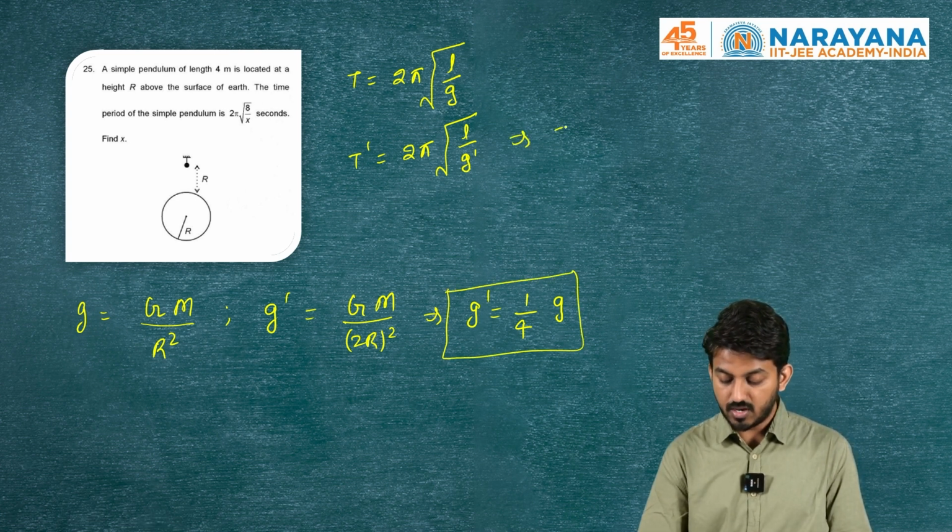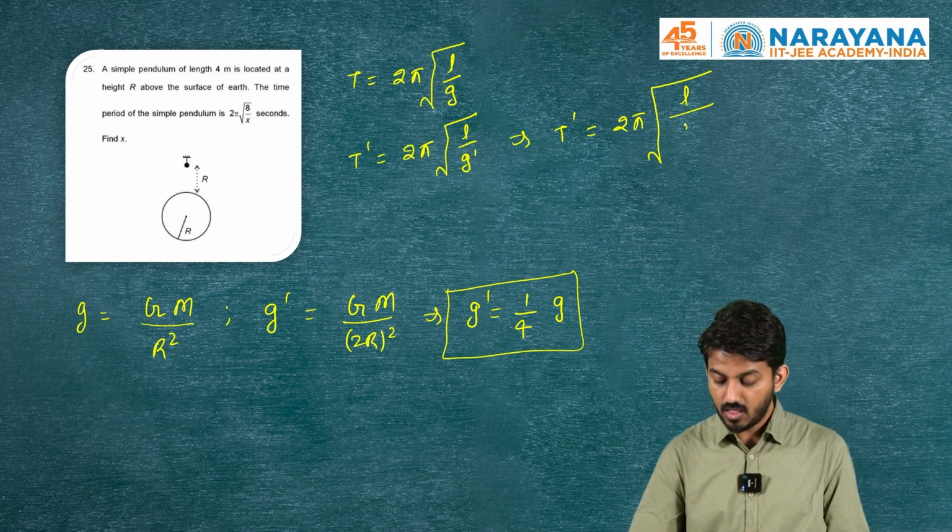So from this we can continue and write down T prime is equal to 2 pi root over L divided by the value on the Earth by 4, giving us T prime is equal to 2 pi root over 4L.